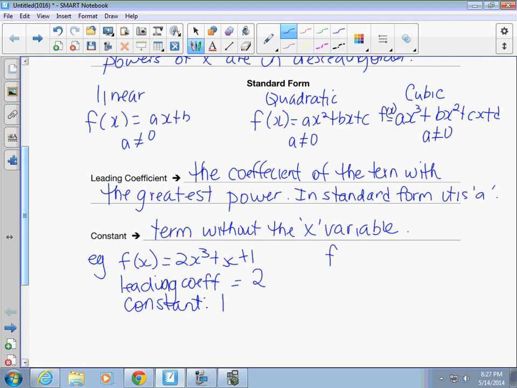If I had f of x is equal to 3x cubed plus 4x plus 0, my leading coefficient would be 3, and my constant would be 0.